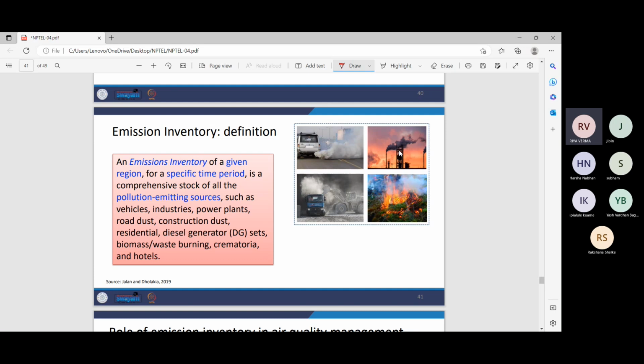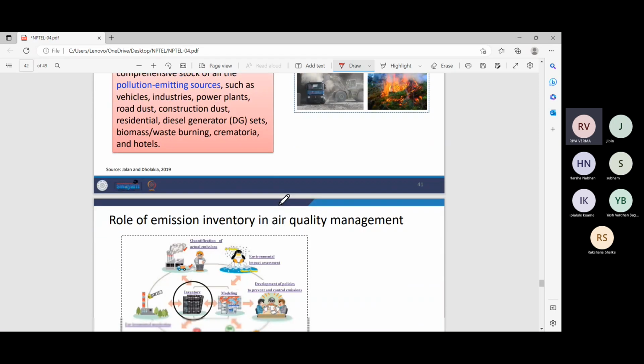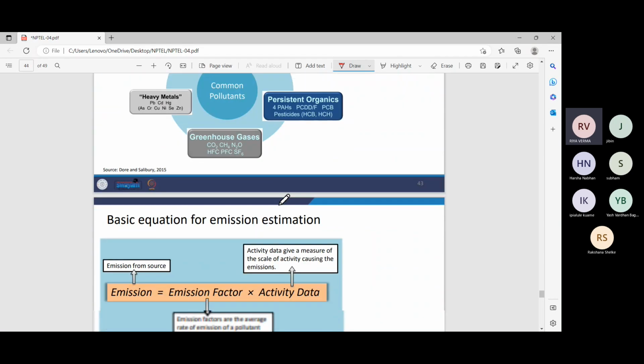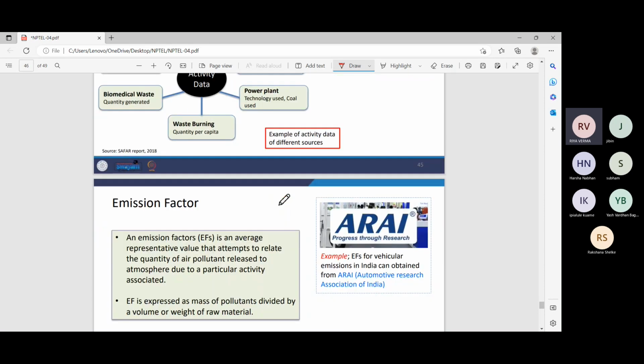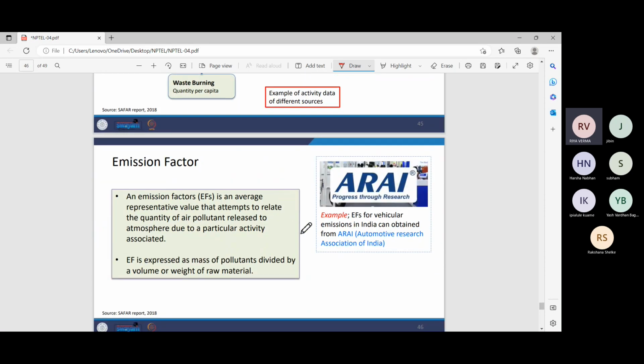for a specific time period, for that particular area, all the pollution-emitting sources which were present at that point, how much pollution is being generated by them, that is your emission inventory. And emission factor is for one particular source: if per unit mass we are burning some particle or any pollutant and anything like that, then it is a representative fraction which, if we multiply with that activity, then we will get the total amount of emissions.